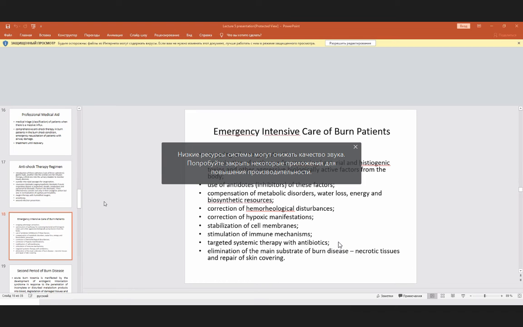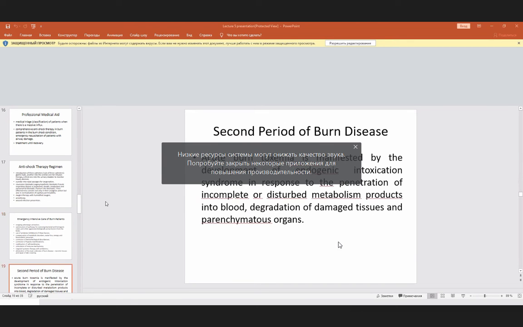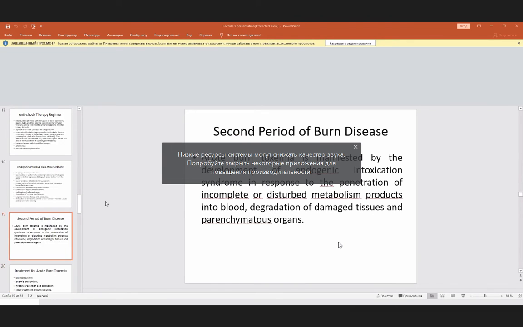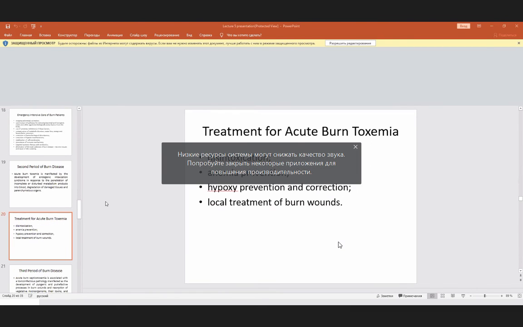Treatment. Prevention of infection complications, management of anemia and protein deficiency, operative repair of skin covering integrity.